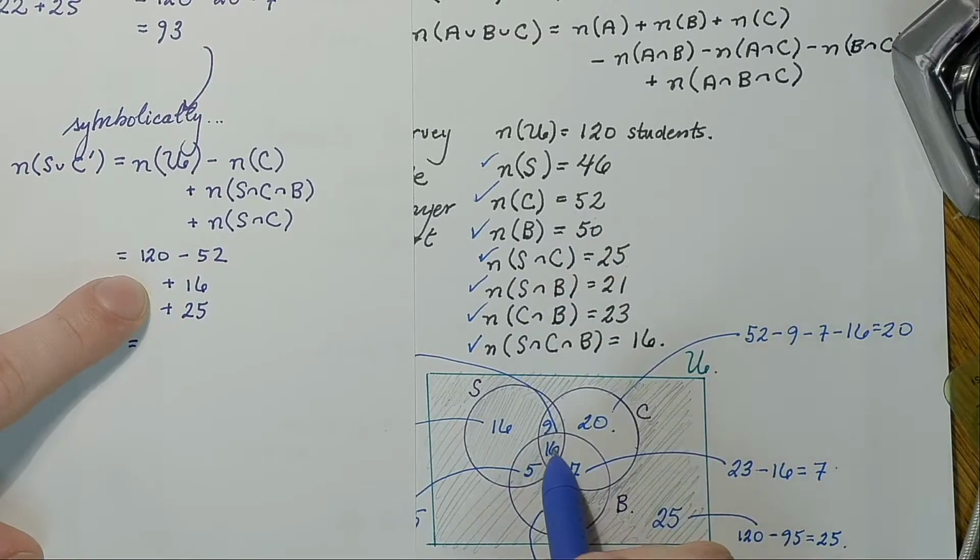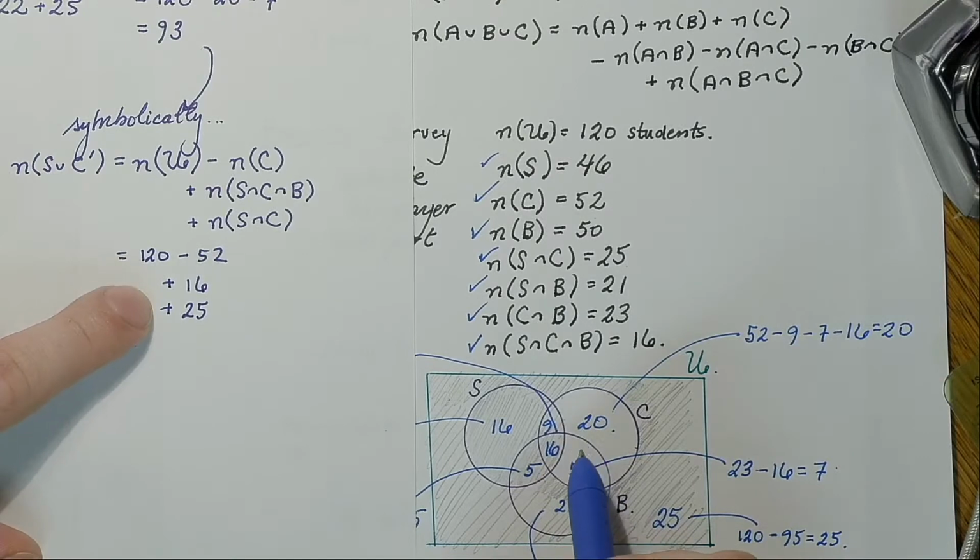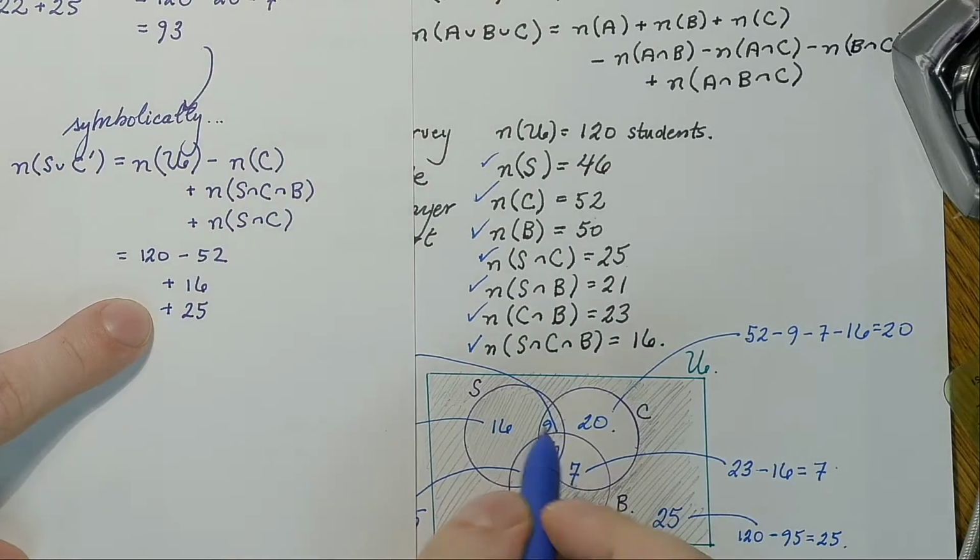And then I'm going to add back in the 16, which is the intersection. Plus, I have, oh, and that is why.